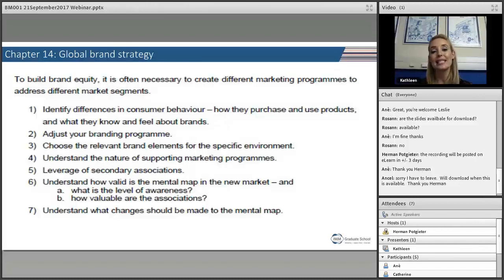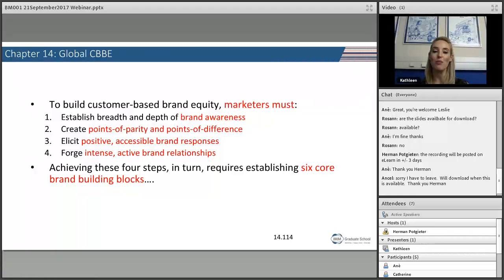We should then understand the nature of our supporting marketing programs and the role our integrated marketing communications play in our branding in a global setting. We should always leverage our secondary associations, understand how valid our original mental map is in terms of positioning in our new market.